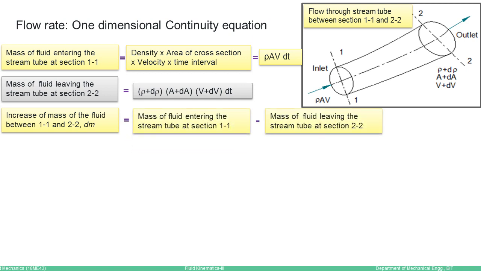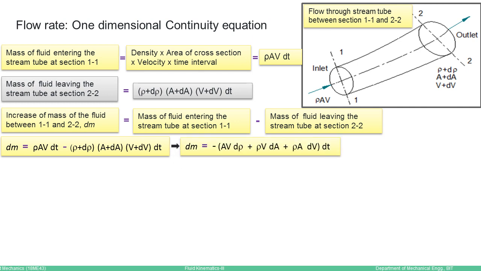dm now is the difference between the mass of fluid entering the stream tube at 1 and the mass of fluid leaving the stream tube at section 2. Substituting these terms on the right hand side, we get the expression for dm equal to minus [AV d rho plus rho V dA plus rho A dV] dt.